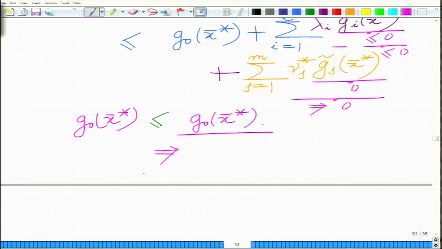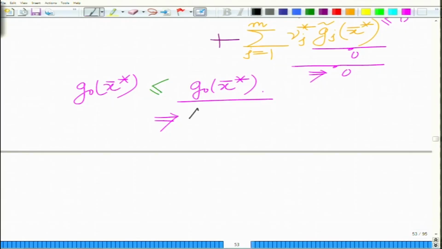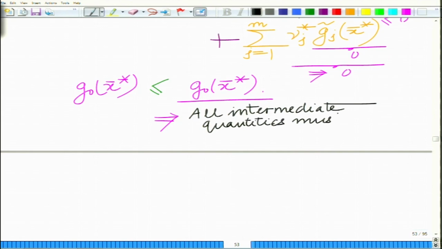This implies all the intermediate quantities, sandwiched in between the left g naught x bar star less than or equal to the right g naught x bar star, which are one and the same, must also be equal to g naught x bar star.